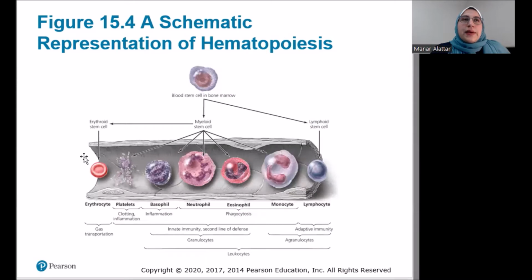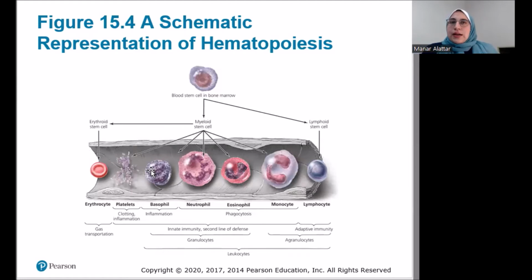So you can see here we have our red blood cells and our platelets, but then all of these, 1, 2, 3, 4, 5, are different types of white blood cells. So this first type, basophil cells, are the only ones that do not become phagocytic. We're going to talk about phagocytosis in a little bit, but those are the cells that we mentioned before that can actually engulf and digest microbial agents.